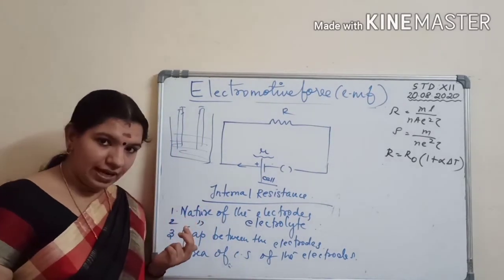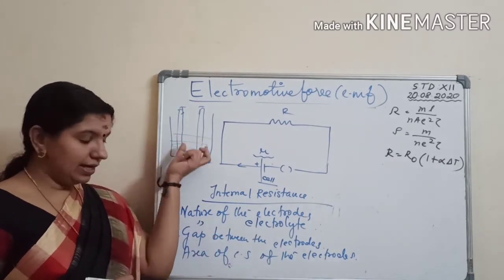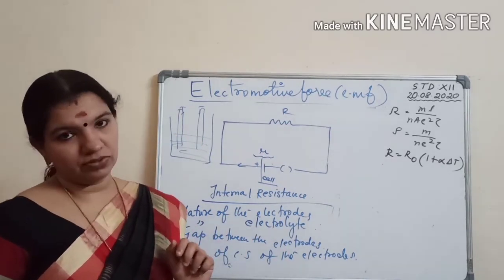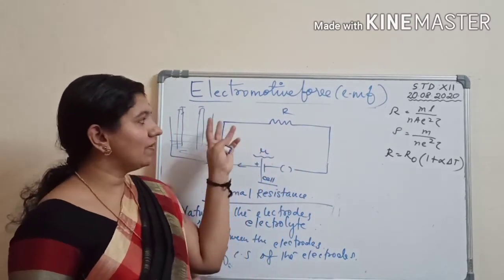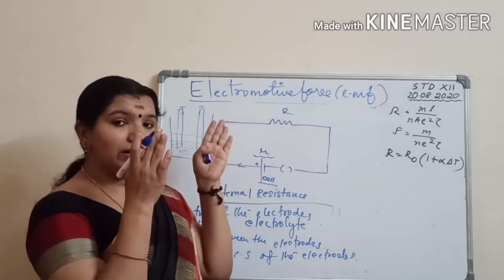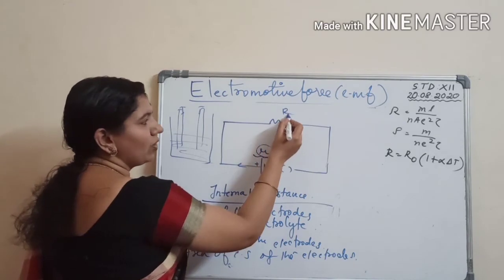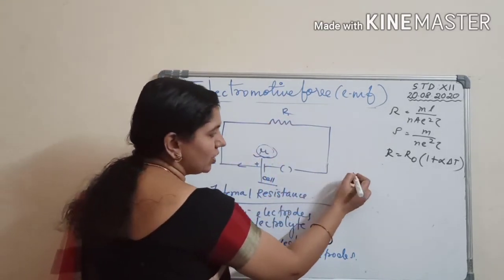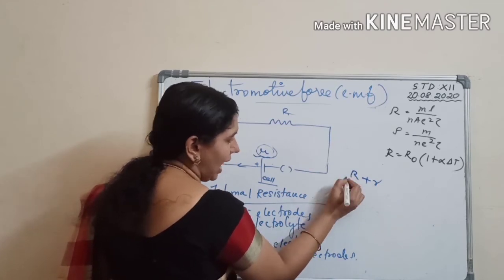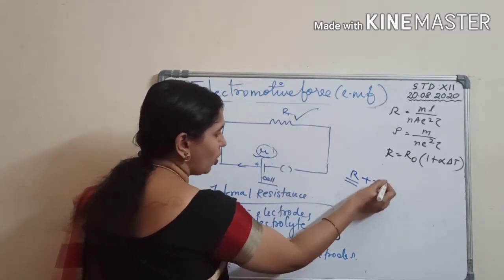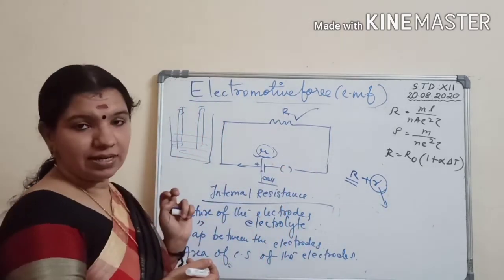Number one, nature of the electrode. Number two, nature of the electrolyte. Then the gap between the electrodes, then the area of the electrodes. These are the factors on which internal resistance depends. So whenever we are taking the total resistance in a circuit, I have to add this internal resistance along with the external one. That is, capital R plus small r, where capital R is the external resistance and small r is the resistance offered by the cell, which we call internal resistance.